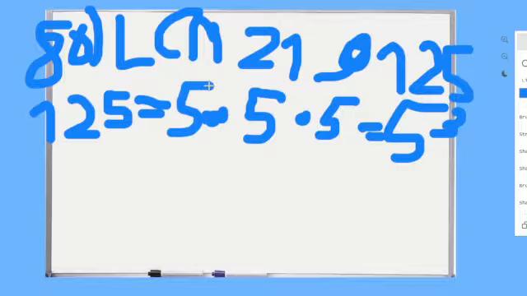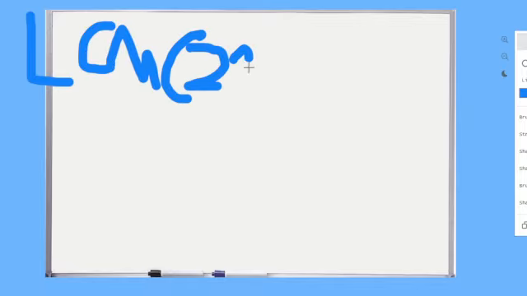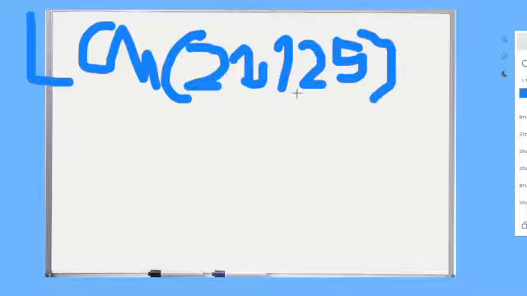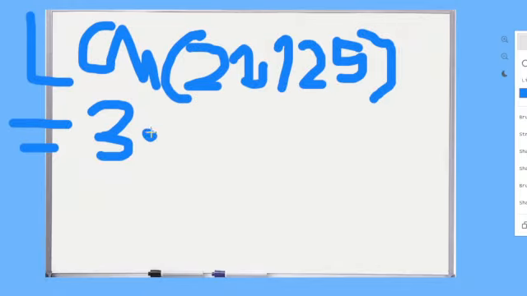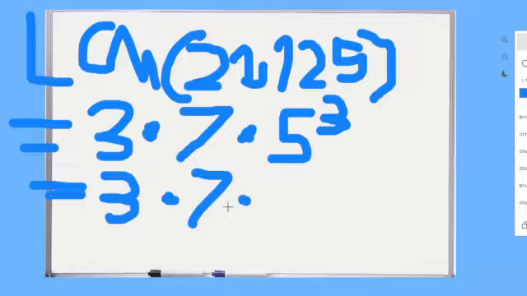And combine prime factors, so the LCM of 21 and 125 is equal to 3 times 7 times 5 to the power of 3, which in turn is equal to 3 times 7 times 125.